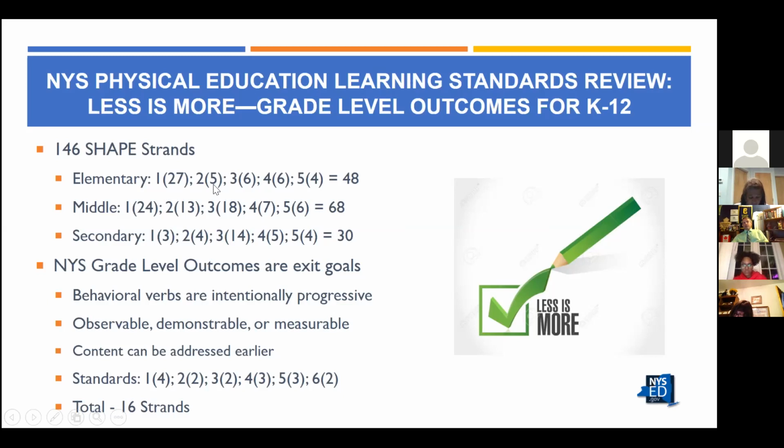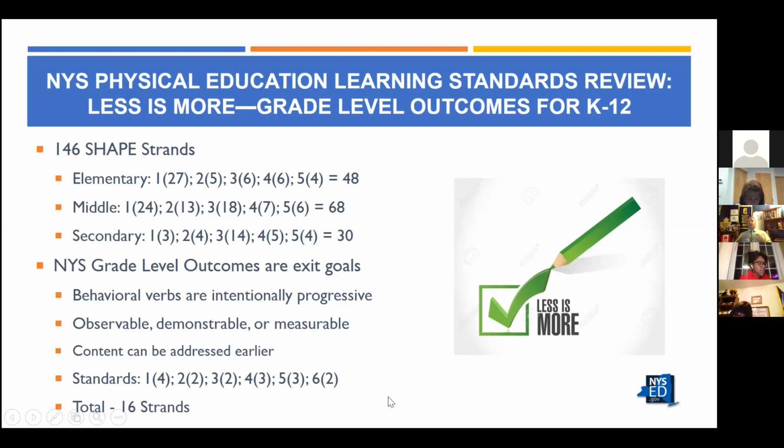At the elementary level, 5 content strands at the national level, 2 for us. 6 content strands, 2 for us. 6 content strands at standard 4, 3 for us. And then 4 for standard 5, and 3 for us. And then the +1 standard 6 breaks into 2 content strands.